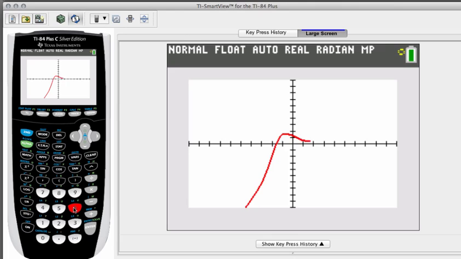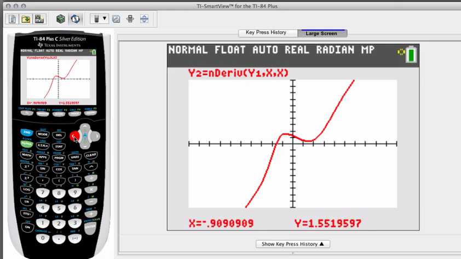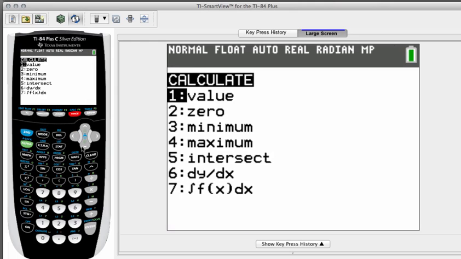And there we go. Looks like there's just the one x-intercept. Let's go ahead and find that. If we hit trace, and I'm going to trace over to about where it crosses the x-axis, and I'll run my root finder, my zero finder.